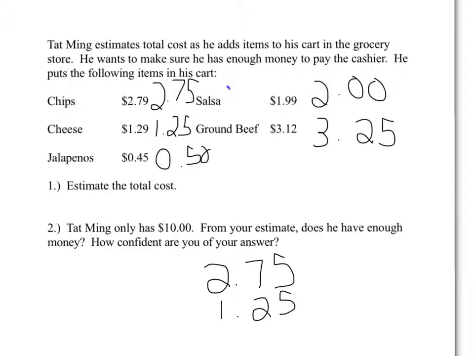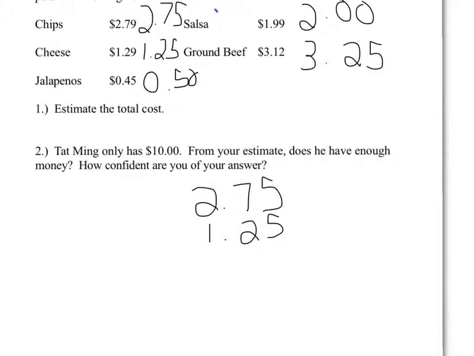Make sure that your decimal points and decimal places are lined up. Add these two numbers underneath each other, and make sure to bring down the decimal point. And that gives you $4 as an estimate for both of the chips and the cheese.